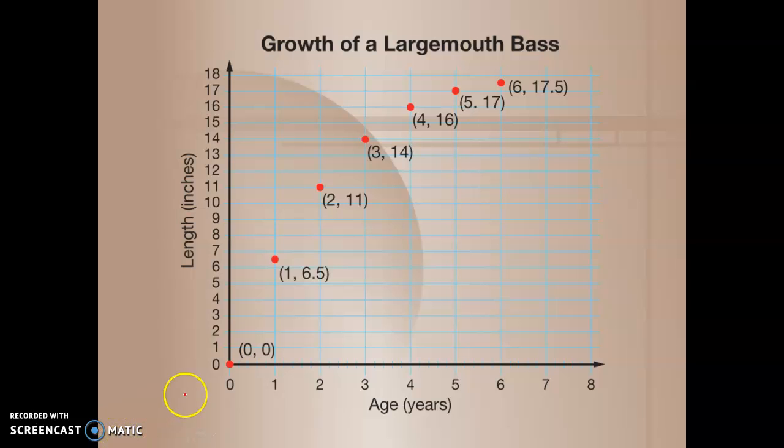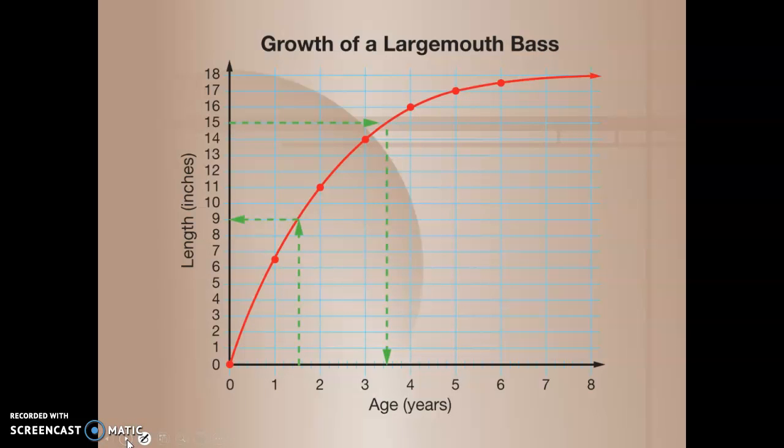So we've grabbed this data that's been given to us, that a largemouth bass at 0 years of age is 0 inches in length, and at 1 year of age, it's 6.5 inches in length, and at 2 years of age, it's 11 inches in length, and so forth and so on. And we can use this information to answer some questions like, at 1.5 years old, what is the average length of a largemouth bass?